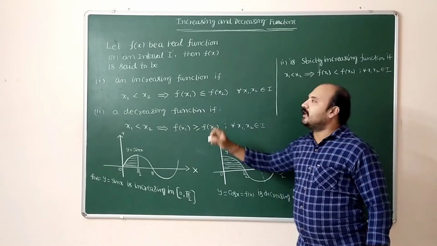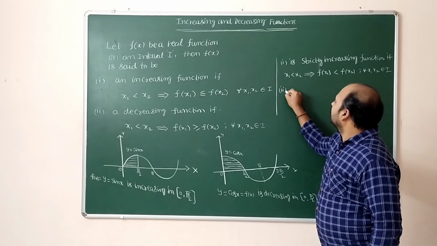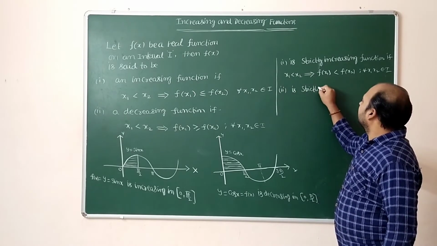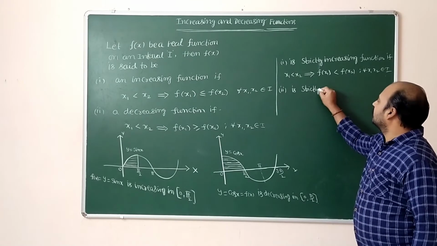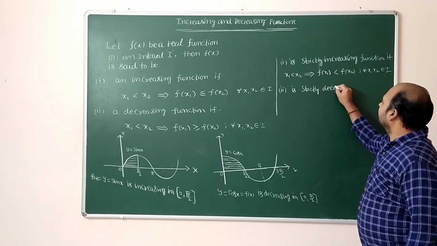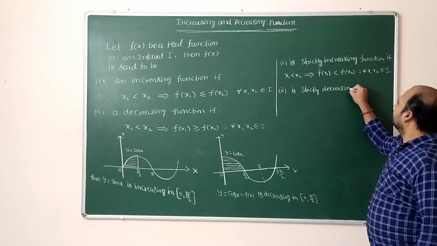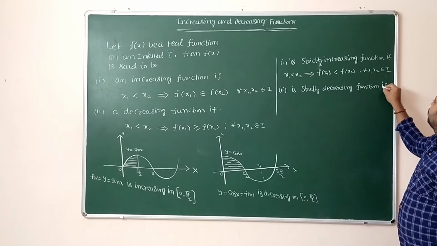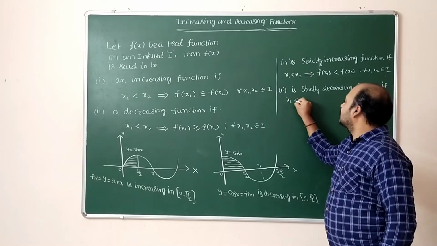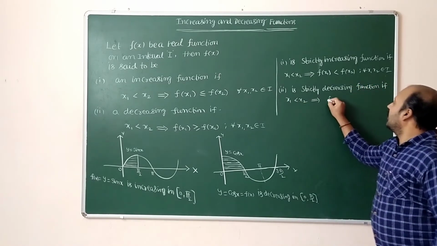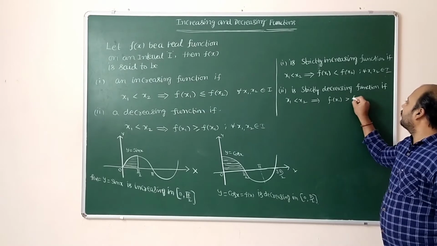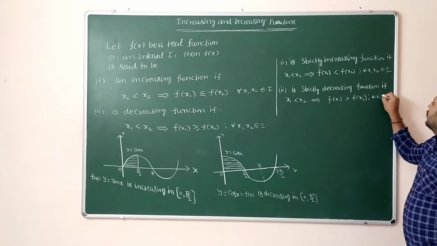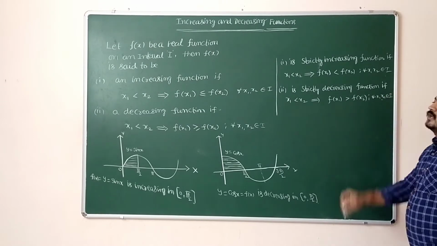Similarly, strictly decreasing, if x1 is less than x2, that implies f of x1 is greater than f of x2 for all x1 comma x2 belonging to the interval.